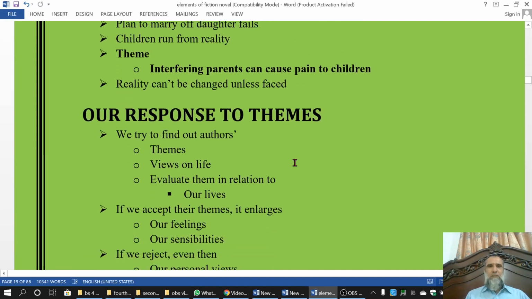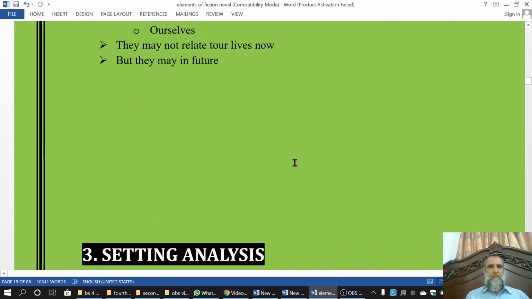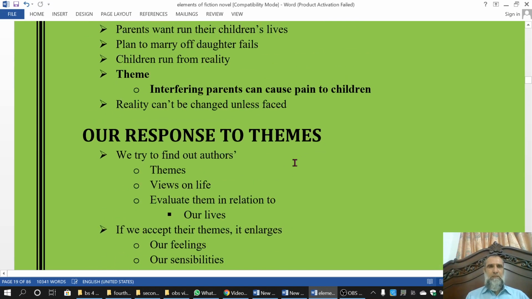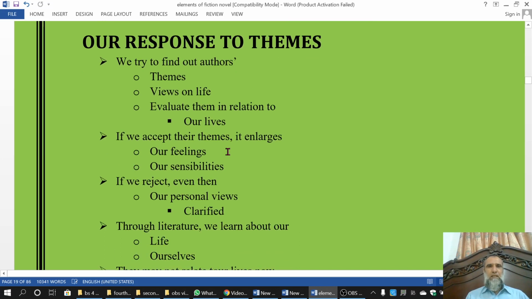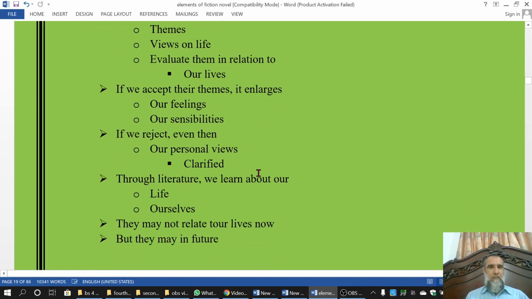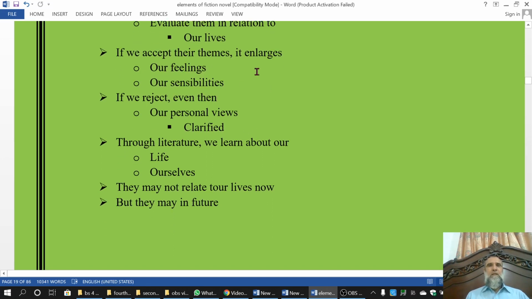What should be our response to themes? This is the final topic, and this will be the end of it. What is the effect of the themes on us? We try to find out the author's themes and views of life. We evaluate them in relation to our own lives. We compare the themes, and then we try to find out whether they fit our thoughts and feelings. Sometimes we accept these themes. If we accept them, that yes, it's correct, it enlarges our feelings and our sensibilities.